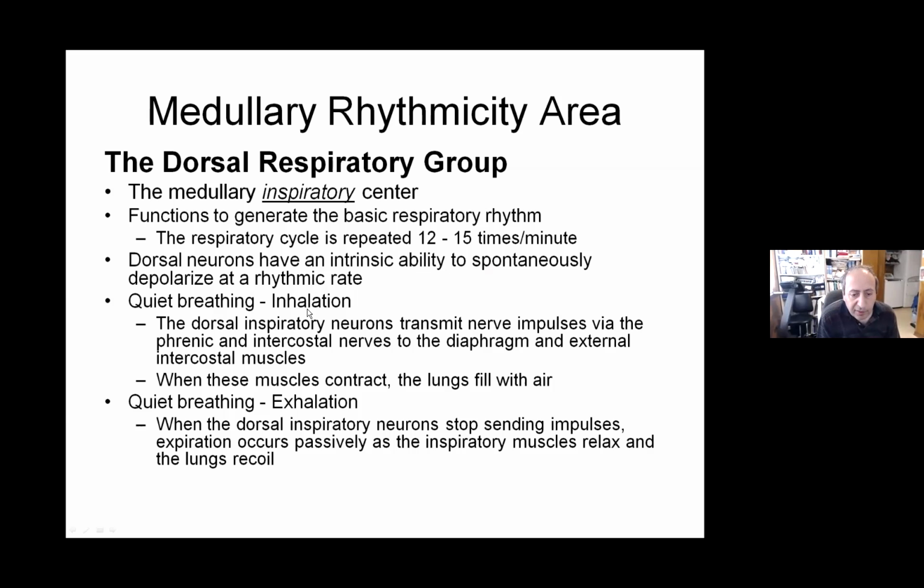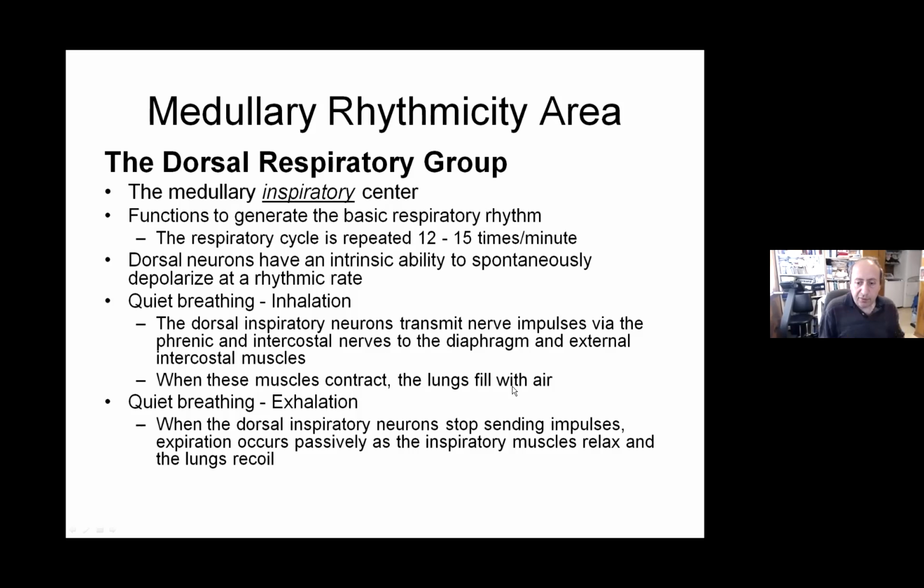In quiet breathing inhalation, the dorsal respiratory neurons transmit nerve impulses via the phrenic and intercostal nerves to the diaphragm and external intercostal muscles. When all these muscles contract, the lung will get filled with air.